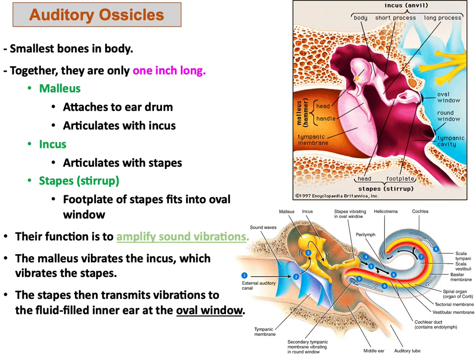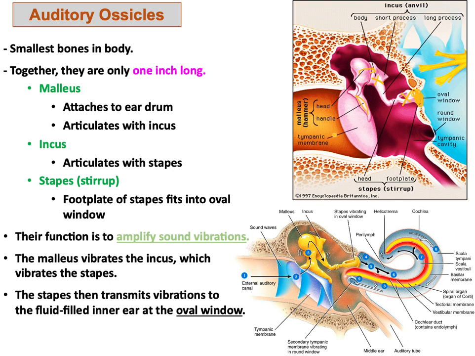The malleus is attached, as you see here, by its handle to the eardrum, and it also articulates with the incus, and the incus articulates with the stapes, and the stapes, a kind of footplate, has its base fitted to the oval window, if you remember. So it closes the oval window.